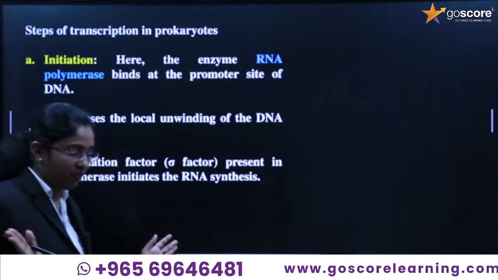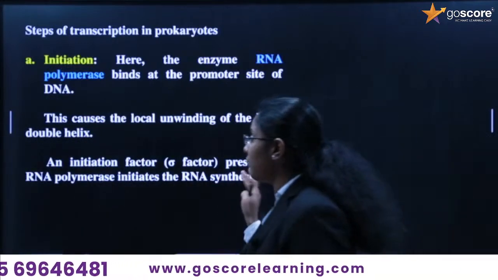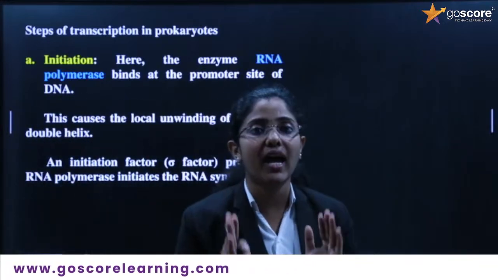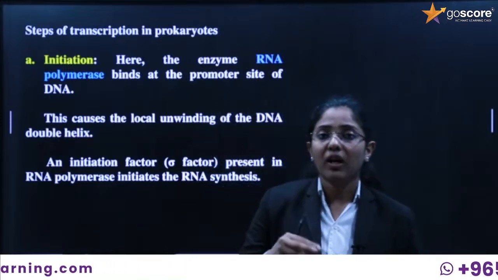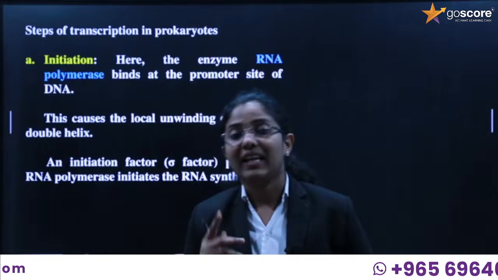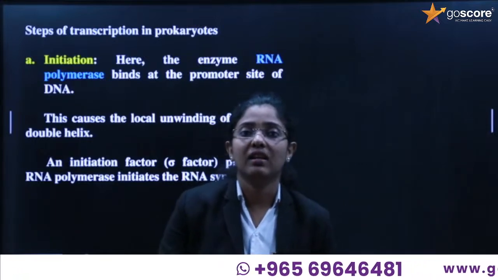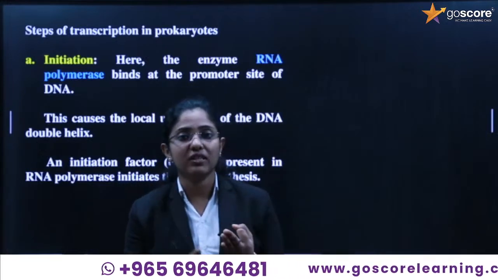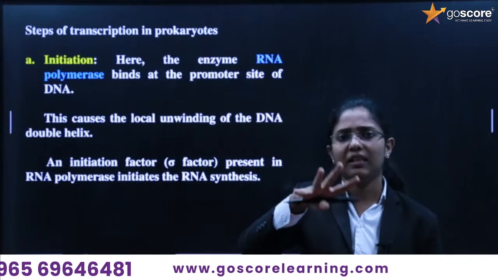In both prokaryotes and eukaryotes, there are 3 different steps: first, initiation; second, elongation; third, termination. Repeat: what is the first step? It is initiation. Initiation means initiating the process.